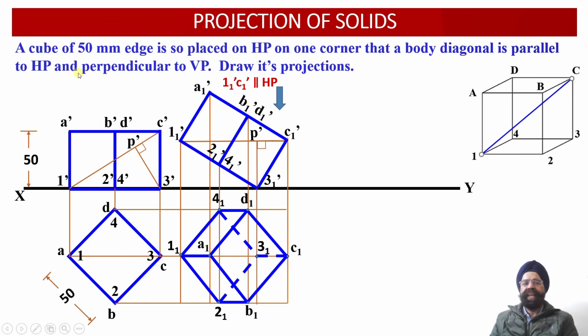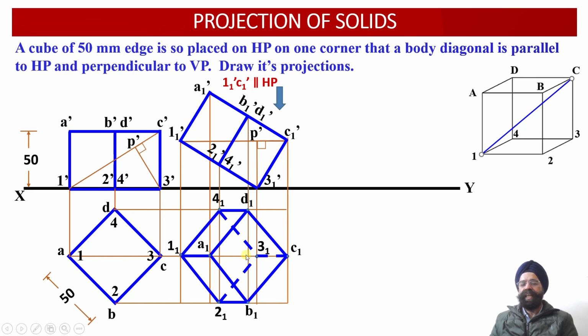Now in the second iteration, we have been provided with the information that this body diagonal, we can check, the top view of this body diagonal happens to be 1-1, C1. We can check in the front view, this was joined as 1-1 dash and C1 dash. Whereas in the top view, the body diagonal connecting 1-1 and C1 will be this one.